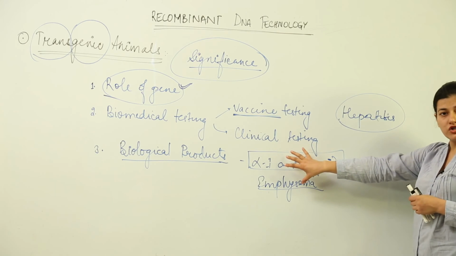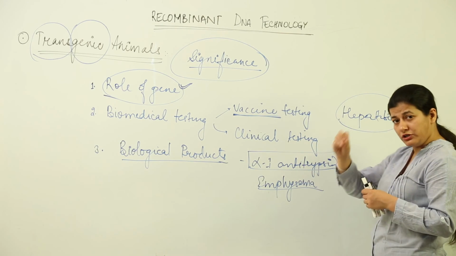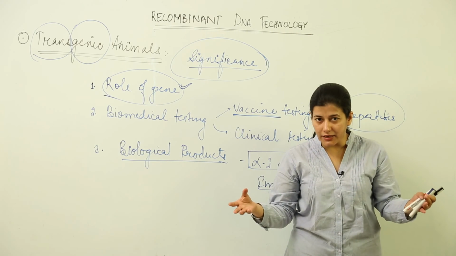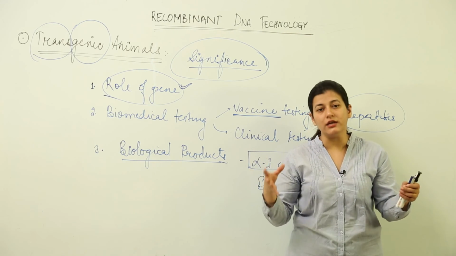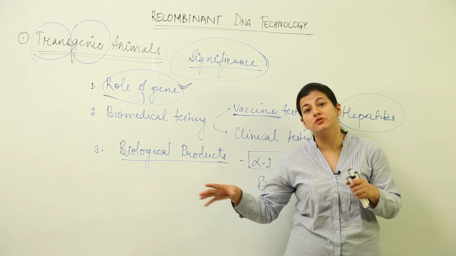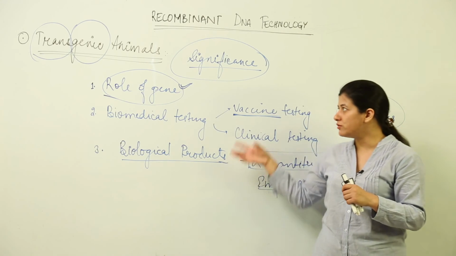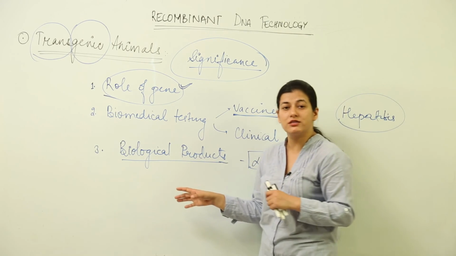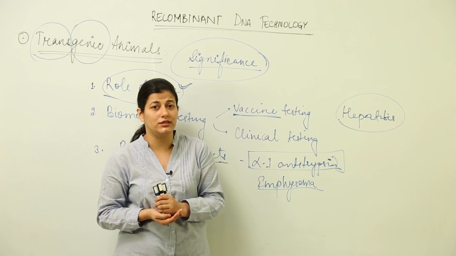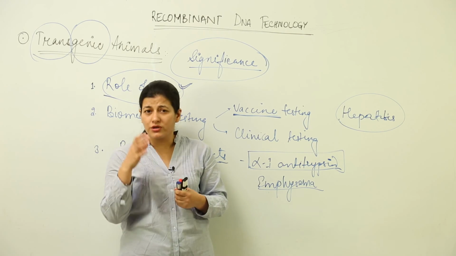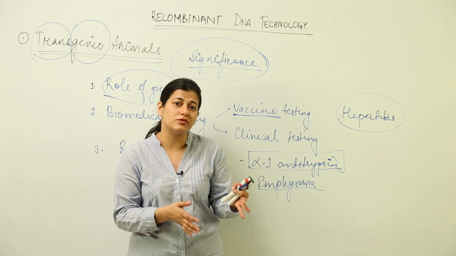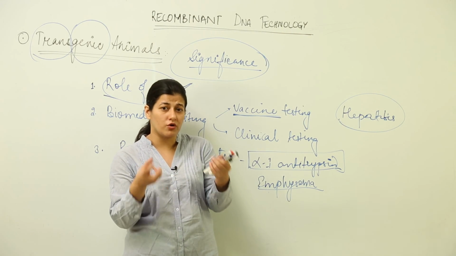Lastly, we have the biological products which could be produced by incorporating the gene into the transgenic animal, and then rearing the animals in great quantities can lead us to the production of certain biological products which are otherwise not possible to produce. So you get an idea of the significance of having transgenic animals around us, though there is an ethical issue, that ultimately animals are also living, so you cannot use them for your own purpose.